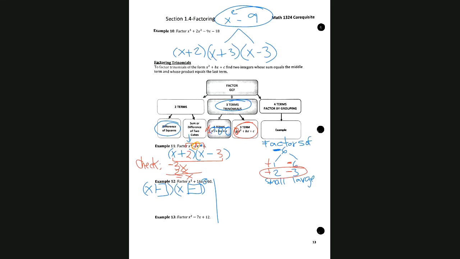That is because 2 positive numbers multiplying each other will give you a positive. And if you have 2 negative numbers multiplying each other, you will also get a positive. Now, the way we will decide which combination we will go with is based on this sign. It's a positive, so that means that both of our signs must be positive. And so that's what we're going to use. So our signs are both positive.